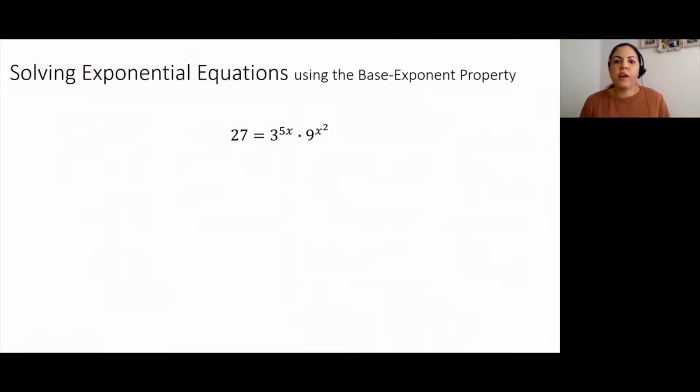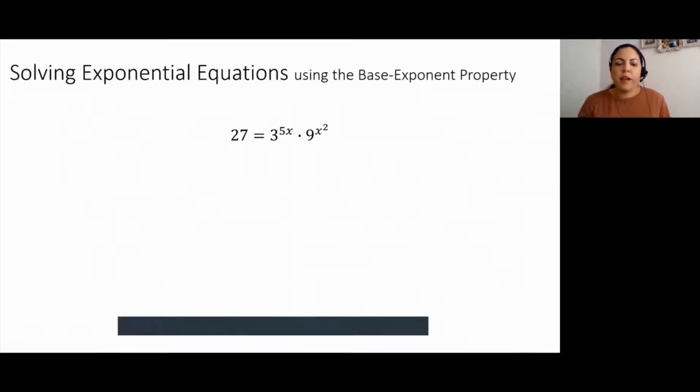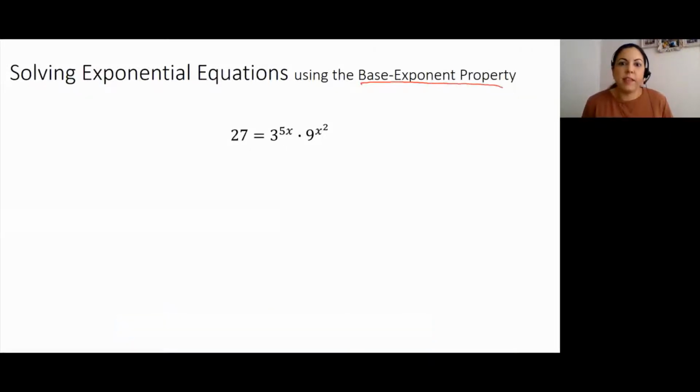Okay, so let's try one more example. Now you'll notice here that we have 3 different bases. So we have 27 equals 3 to the 5x times 9 to the x squared power. And so again, if we're using that base exponent property, we want to make the bases the same.